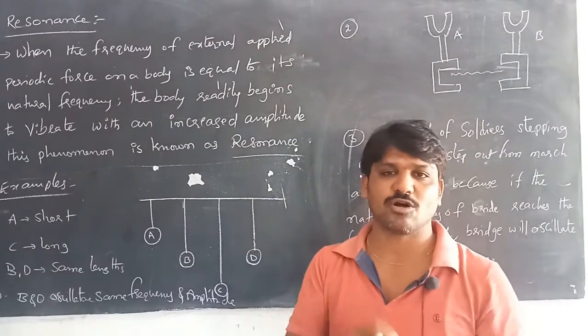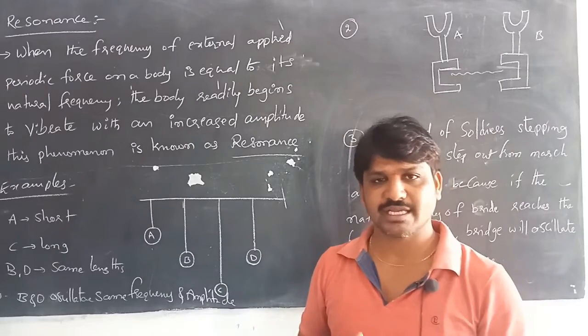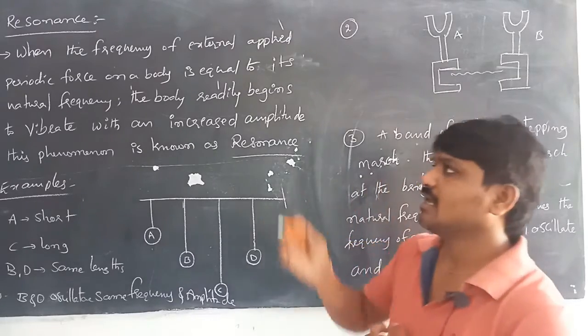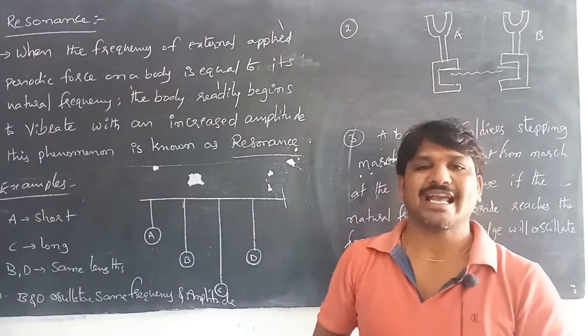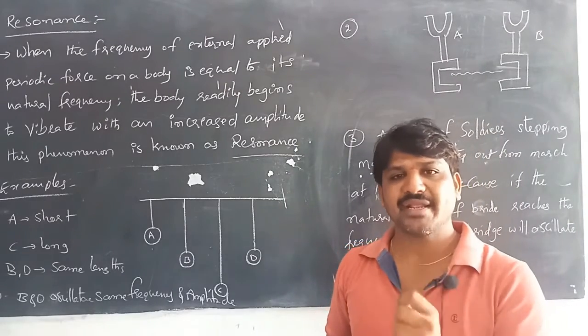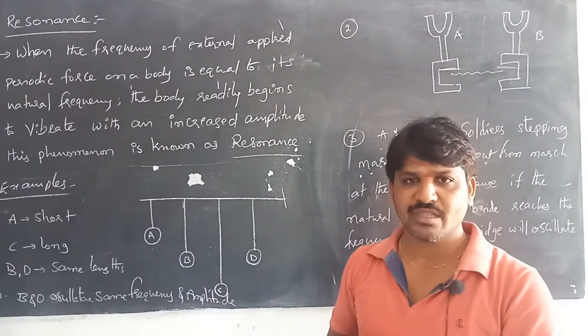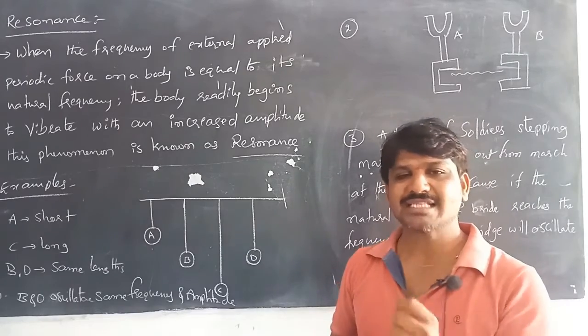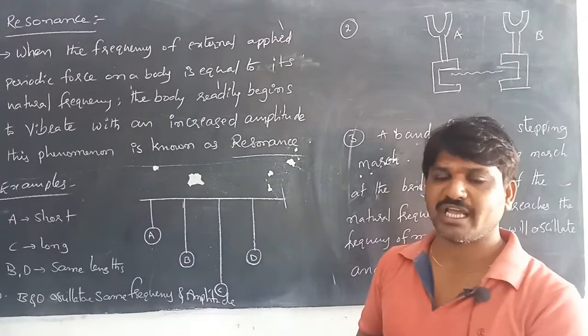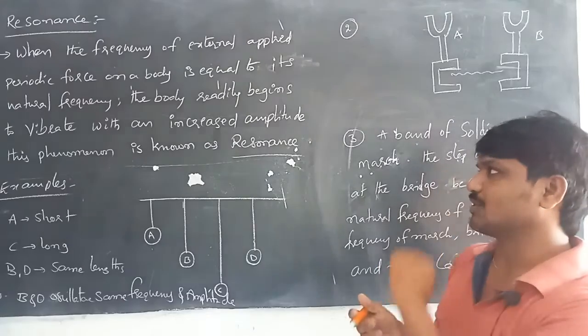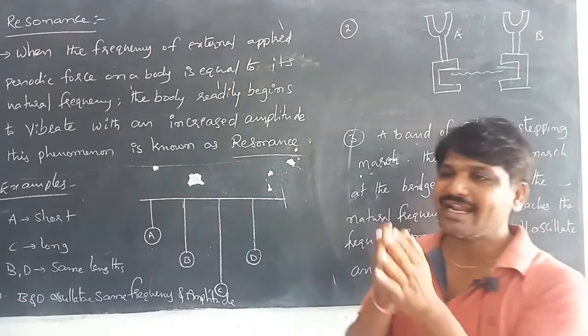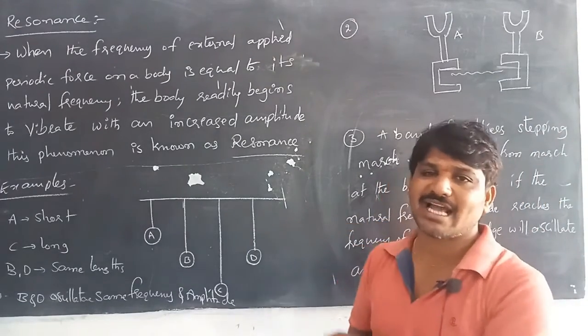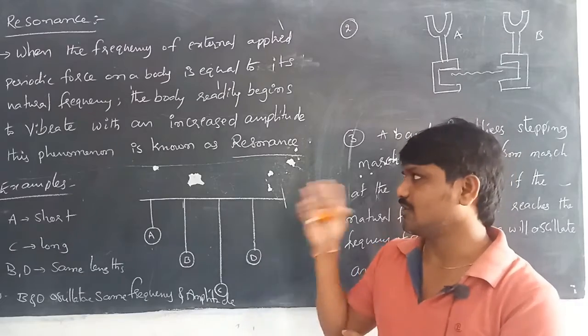That phenomenon is called resonance. Once again, when the frequency of an external periodic force equals the natural frequency of the body, the body begins to vibrate with increasing amplitude, which is called resonance.